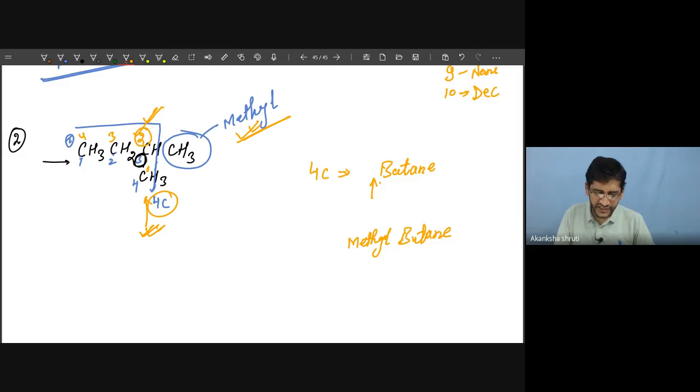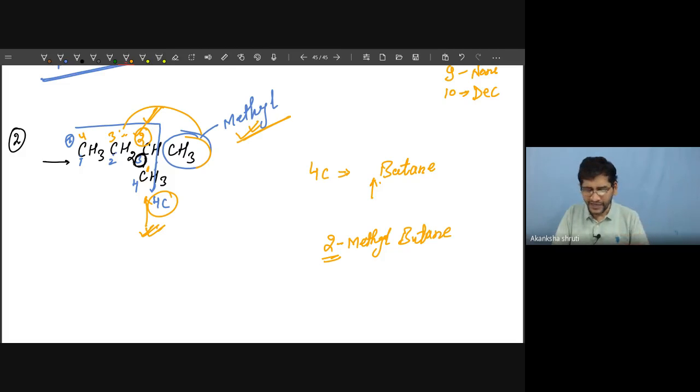But the ambiguity is whether it is at the second or third, so to avoid that, the 2 should be written here. Students, even if you shift this methyl group to this position, it still remains 2. That will not affect. Some of you may say 2 is not required, and in many books this 2 is not even written. That holds good in this case. But for the other one, where some more carbon is given, this number becomes very important.